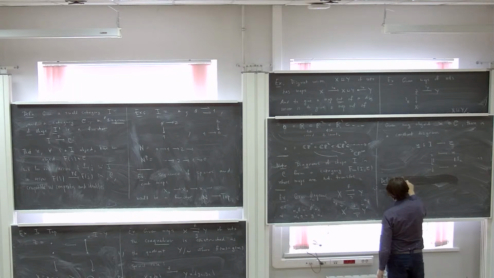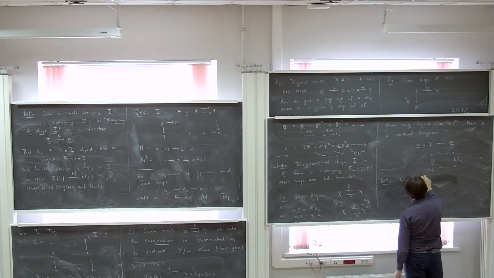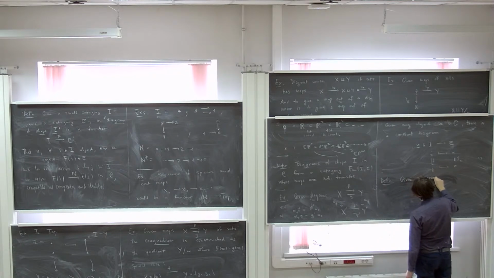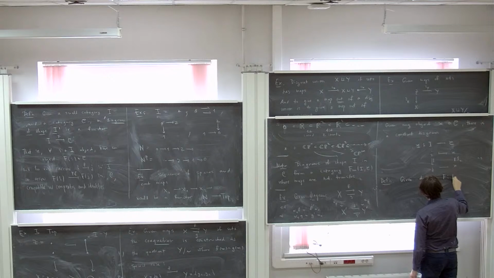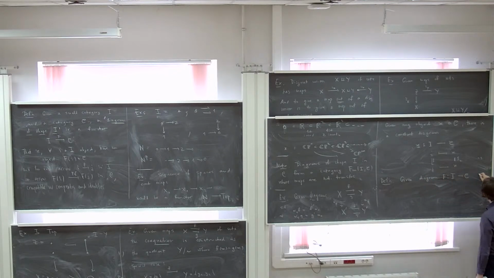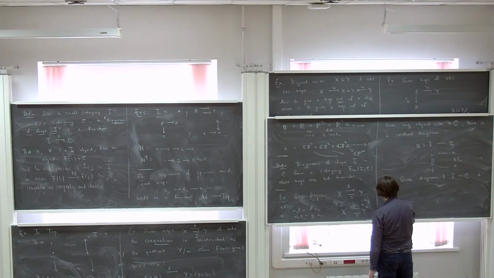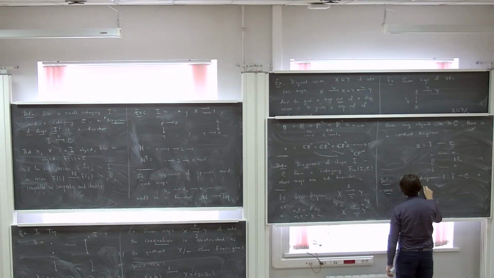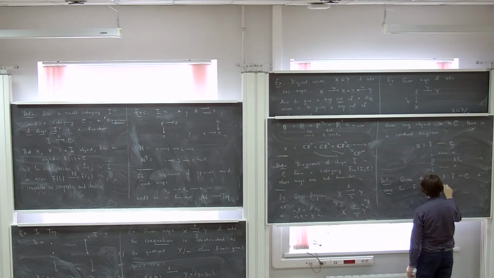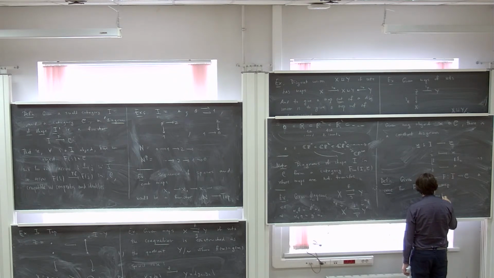So given a diagram, I to C, a cone for F is a map of diagrams from some constant diagram.